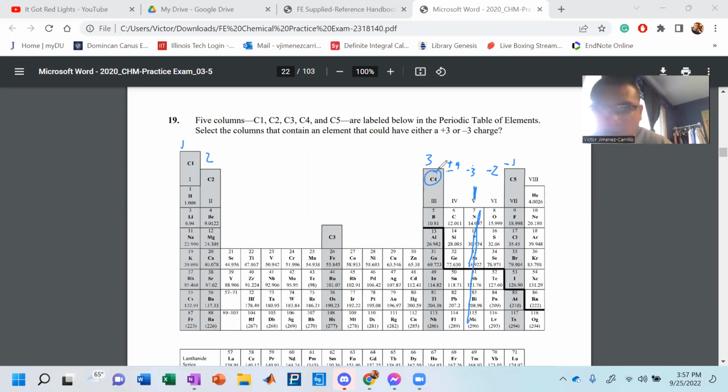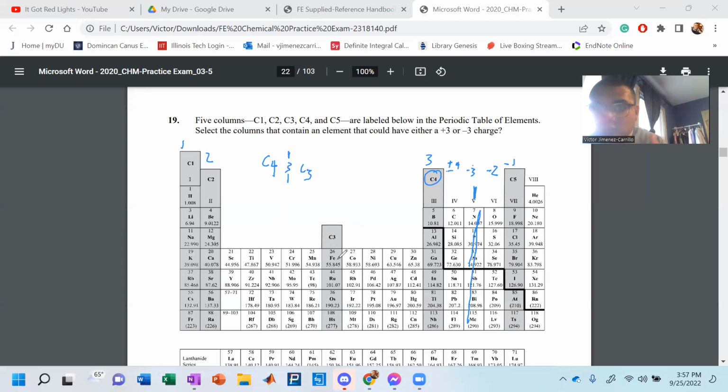It'd be definitely C4, just based on trends that I just labeled out in the periodic table. And it'd be C3. Now, why is it C3? Well, C2, C1, and C5 all have +1, +2, and -1 charges, so they're out of the picture.